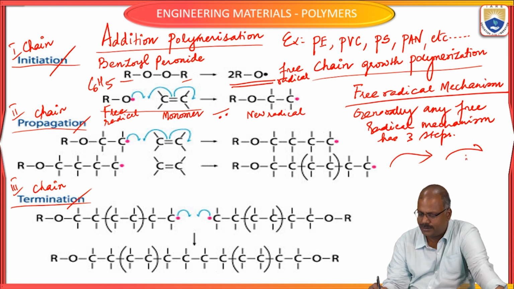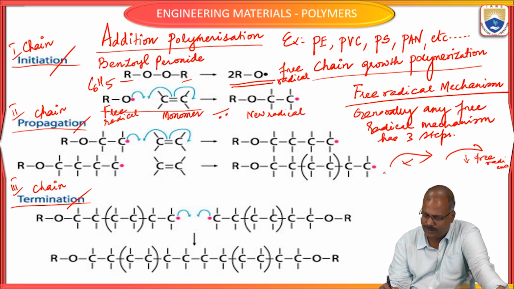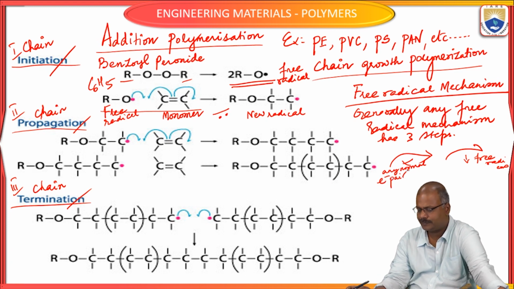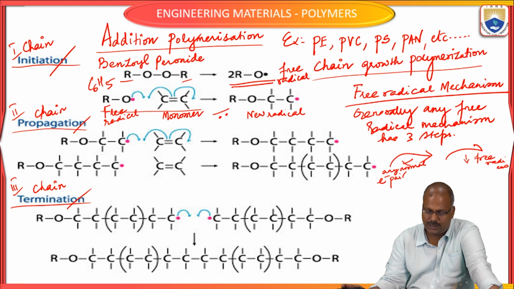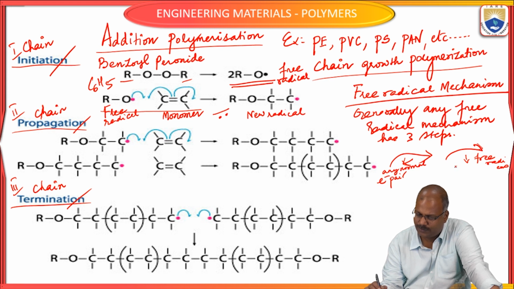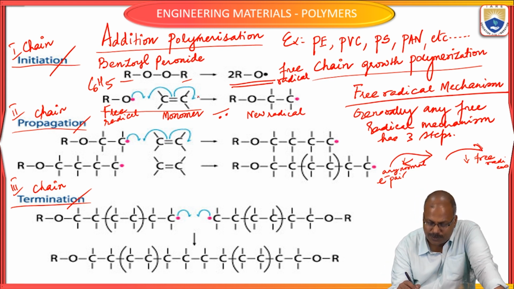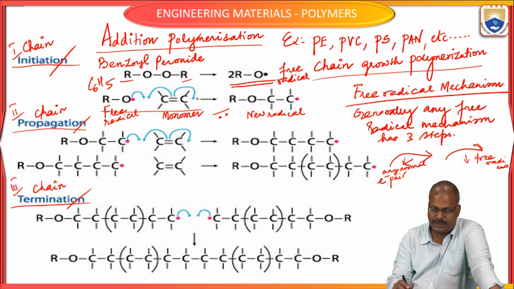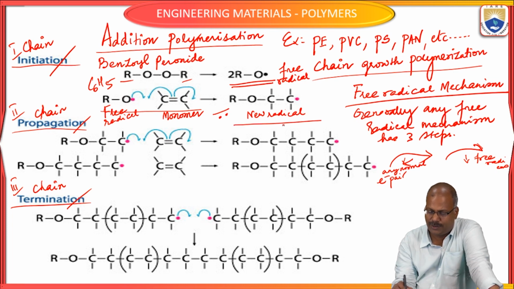This is for free radicals, and this is for a normal electron pair. So this is how we show the mechanism in organic chemistry. Okay, this is the chain initiation. Another new radical has formed.